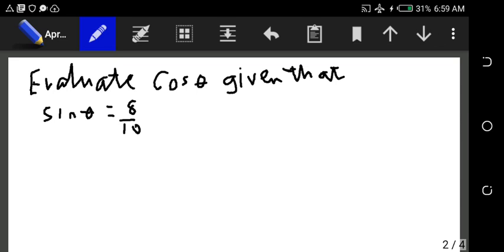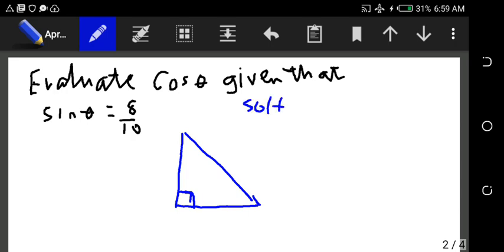The first thing that you want to do is to make a diagram, a right angled triangle. So let's draw a right angled triangle. Now this is the diagram. You might also want to write down your SOHCAHTOA, as that will help you. So let's quickly write that: SOH, CAH, and TOA.